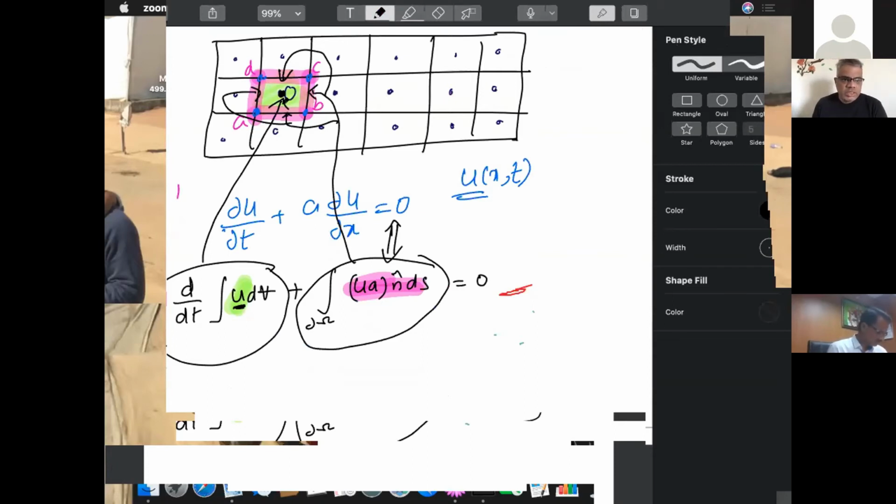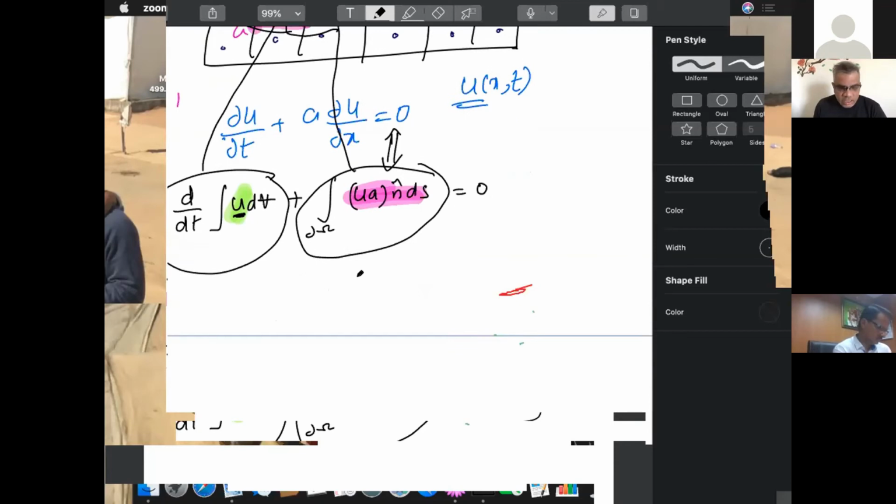Now the intuition says that I know the value at this point, and I need the value at this interface to evaluate this integral. So this u here is on the interface, and this is unknown, and you need to get this first and then apply this.